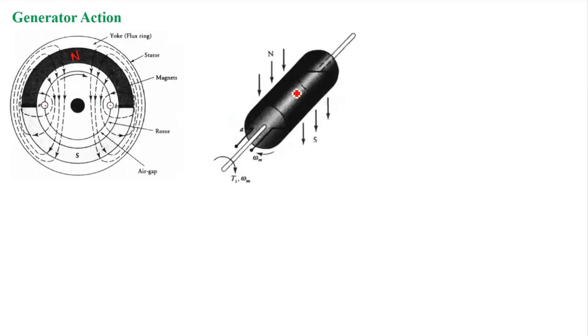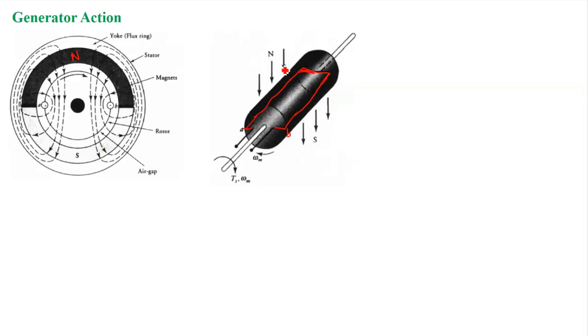Okay, so this is your rotor. You can see the actual rotor here. And this is your conductor, right? It's not visible clearly. So this is your coil, okay? And this is your conductor A, this is your conductor B. So now if we see your magnetic field, you can see here the magnetic flux is being generated, right?